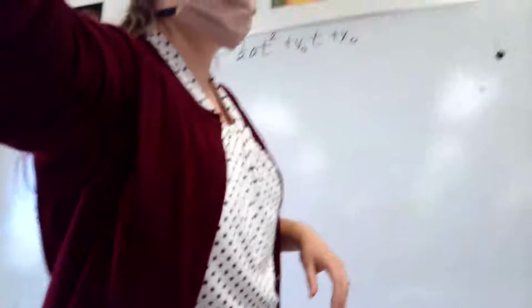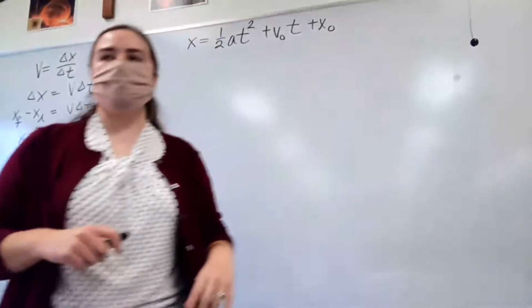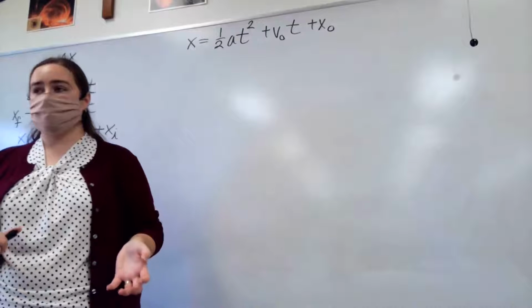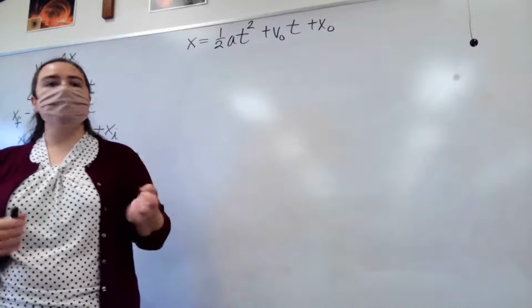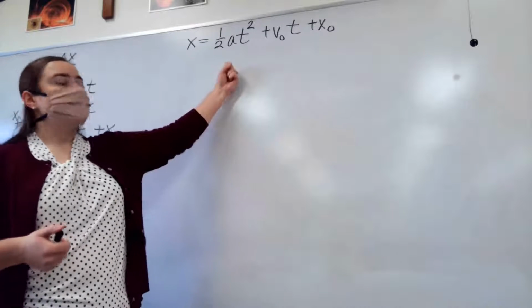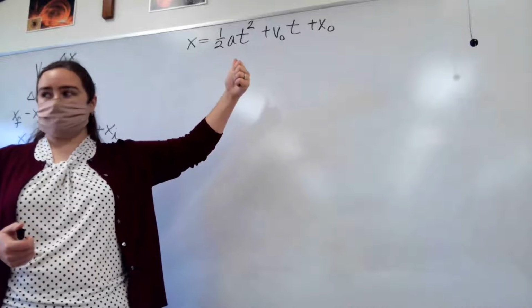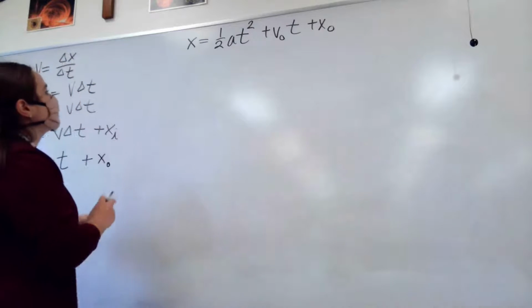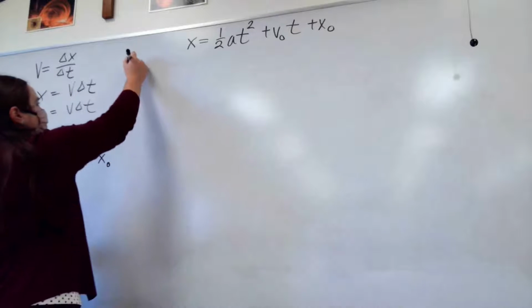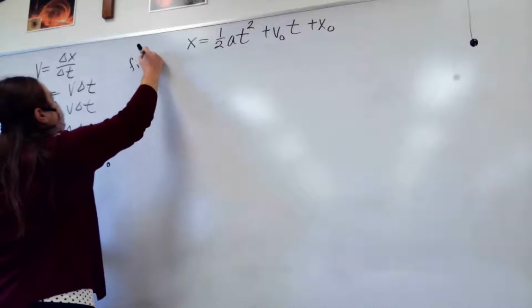This works for pretty much every situation you would ever want to use it for. Even if you have no acceleration, this will still work. Good? Okay. So I do want to write out what all of these are, just so that you have this in your notes.